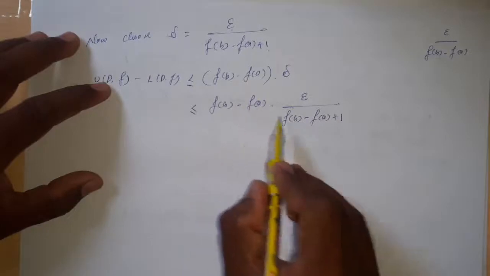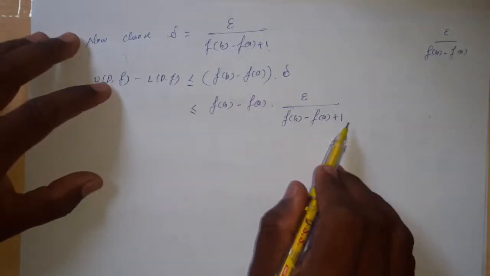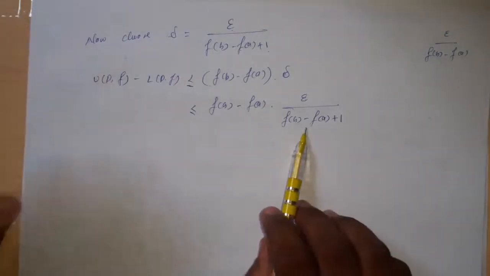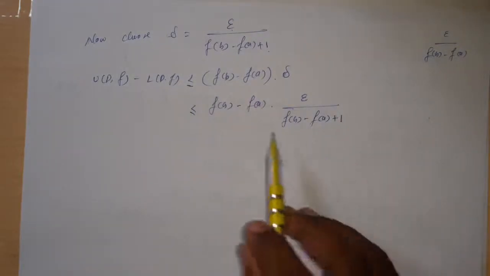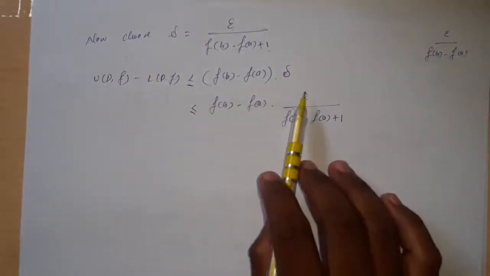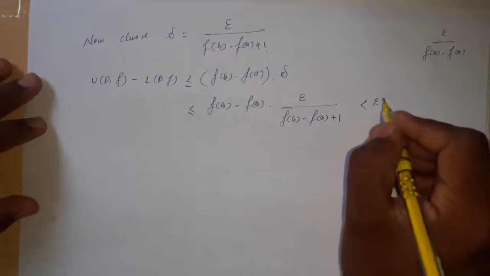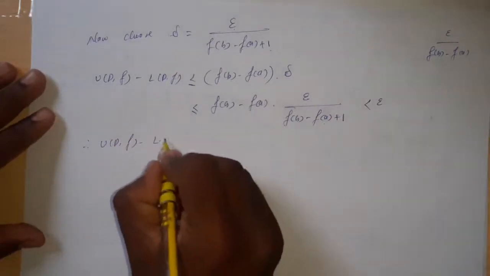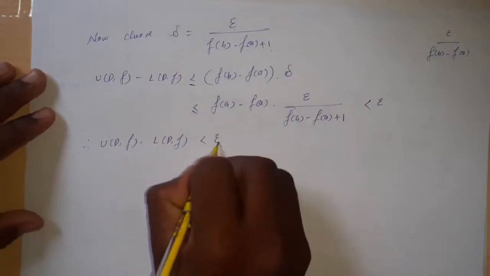Now, this f of b minus f of a divided by f of b minus f of a plus 1, that is always less than 1, because the denominator is greater than the numerator, then the ratio must be less than 1. Hence, the number which is less than 1 into epsilon, that becomes strictly less than epsilon, right. So, therefore, UPF minus LPF is strictly less than epsilon.